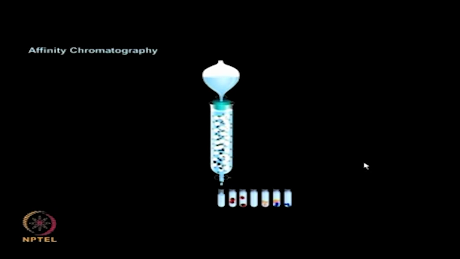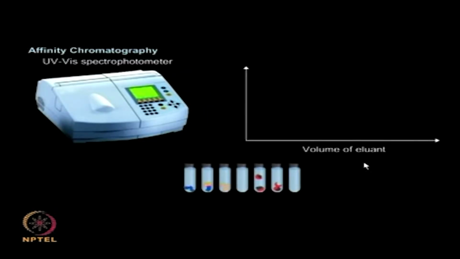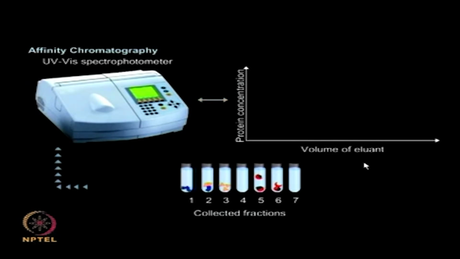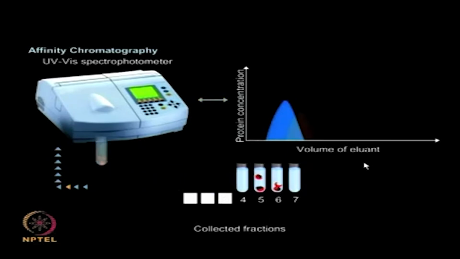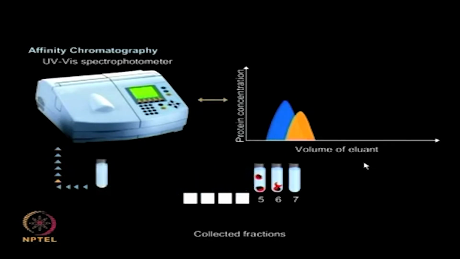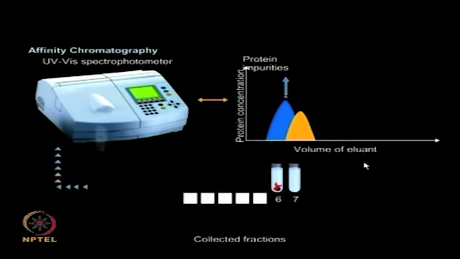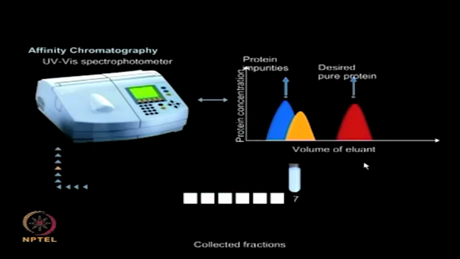The fractions are then analyzed for their protein content using a UV-visible spectrophotometer at 280 nanometers. A graph of eluent volume versus protein concentration can then be plotted.